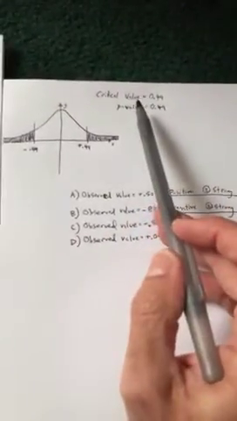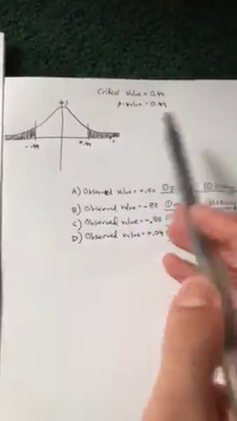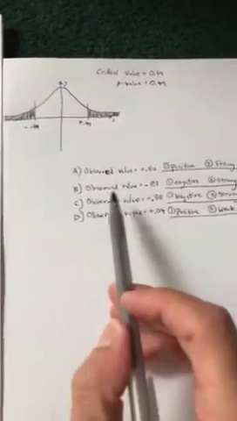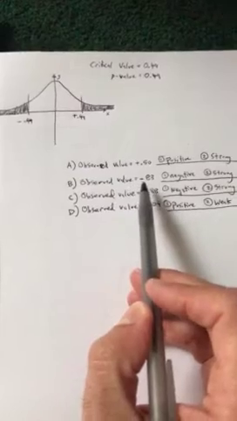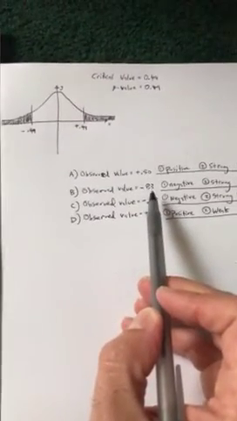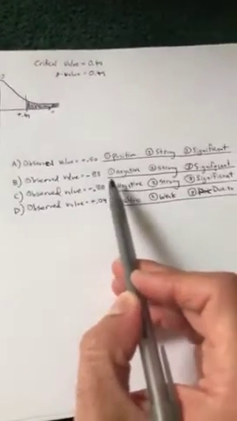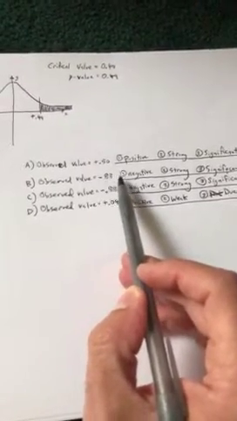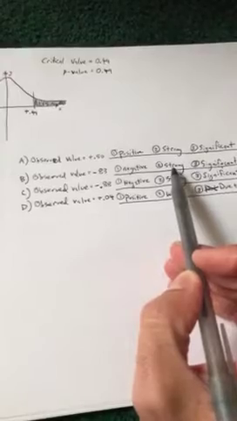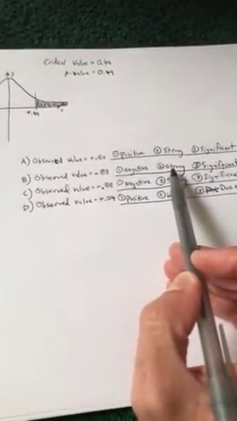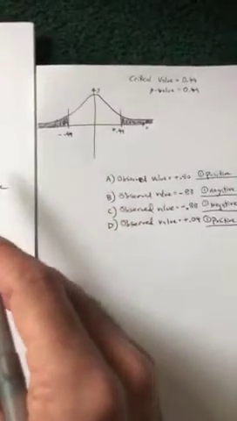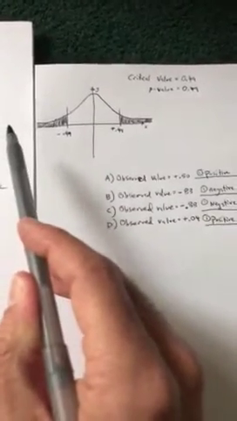The problem gives you a critical value of 0.49. All right, you have it on this side and you have it on this side. They give you an observed value of negative 0.83. It's a big number. Number one, is it positive or negative? Obviously, it's negative. It's got a negative right there. Is it strong, moderate, or weak? It's actually quite strong because it's off the graph.